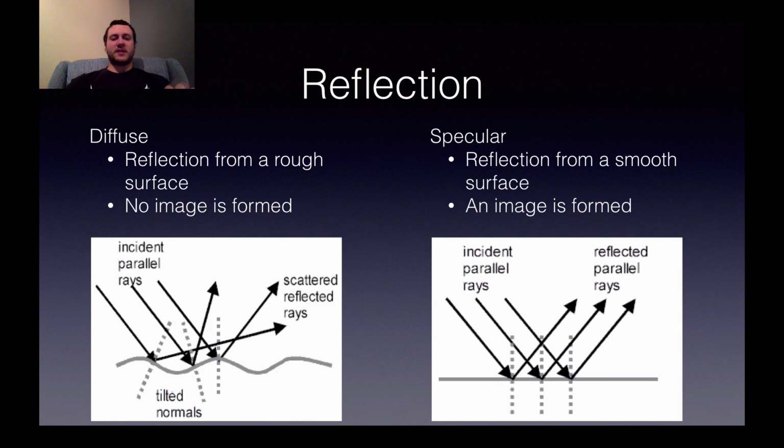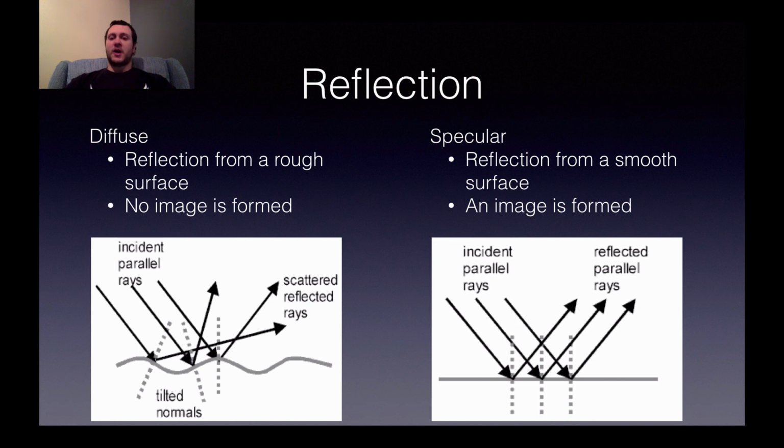So angle in still equals angle out, but now the incident rays themselves don't all have the same incident angle, which means they don't all have the same reflected angle. So suddenly that reflected light scatters in all directions, and because it's not a uniform reflection of light, we don't get an image.